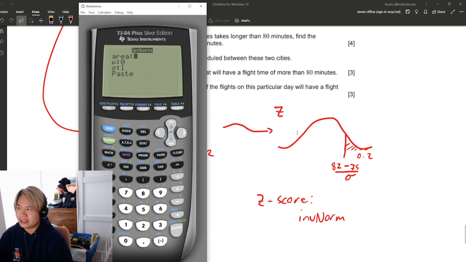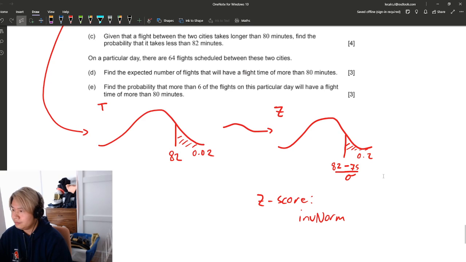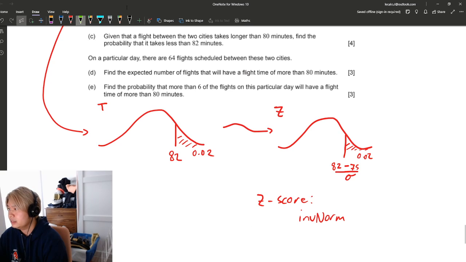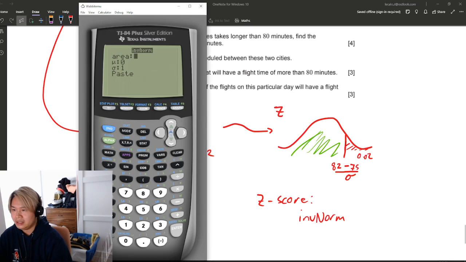So what we do is we just take the complement. Sorry, this should be 0.02. We're going to inverse norm the other side, this side. It's the same thing, right? It's just what your calculator can calculate. Mine, unfortunately, can only find an upper Z score. So my area is 100 minus 2%, so 98%.